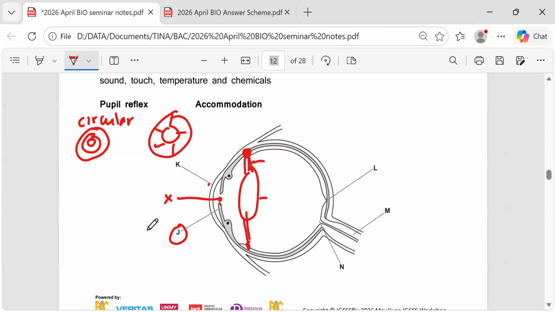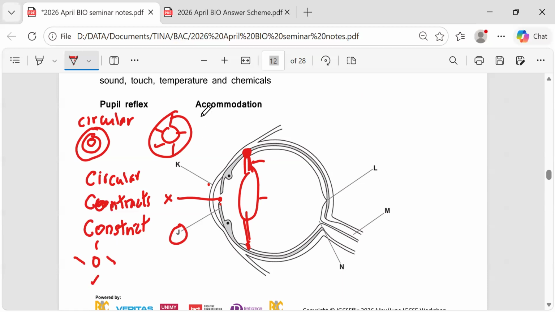Circular: when the circular muscle contracts, it causes the pupil to constrict. You just remember C for circular. Constrict means become smaller. This happens in bright light.